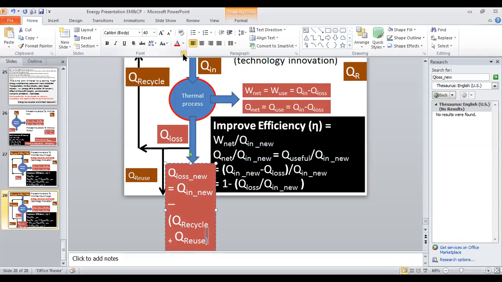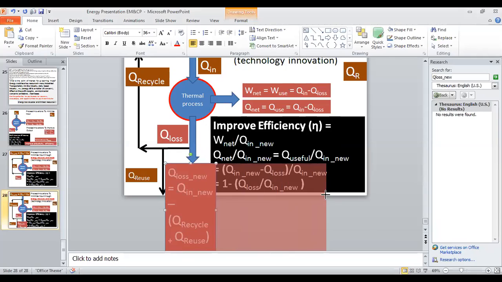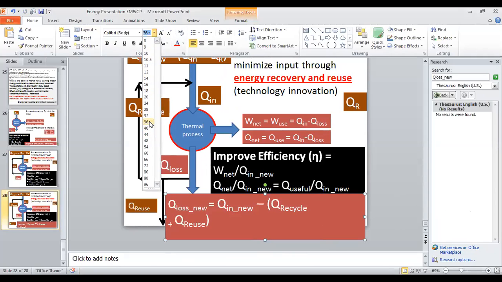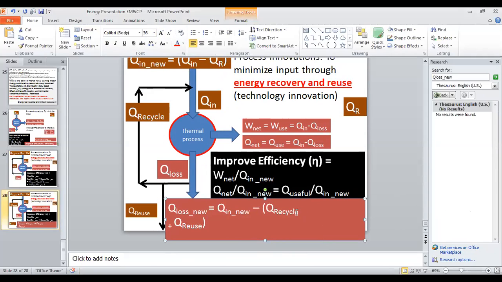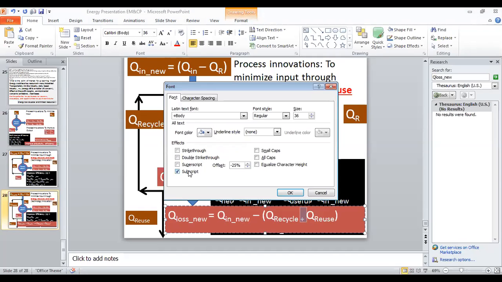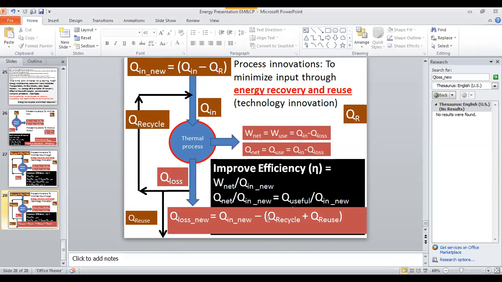Very interesting. Actually, these are not just simple concepts, but these are true concepts. Okay, the practical aspects are there. See now, reduced Q loss, Q in new, and also you have reuse and recycle.